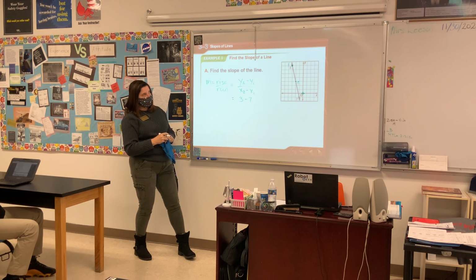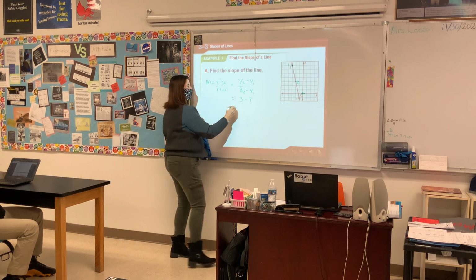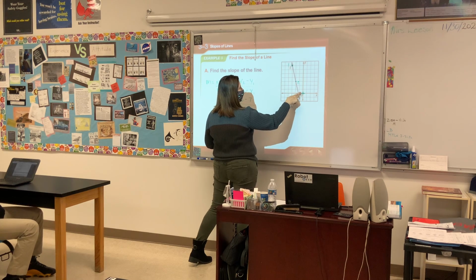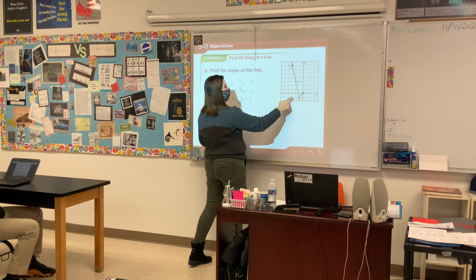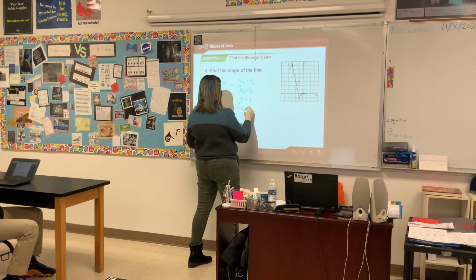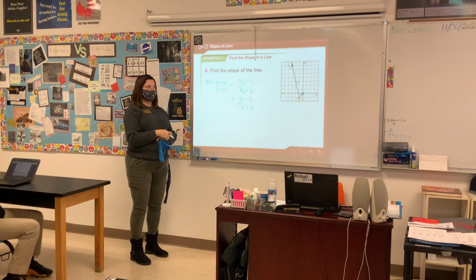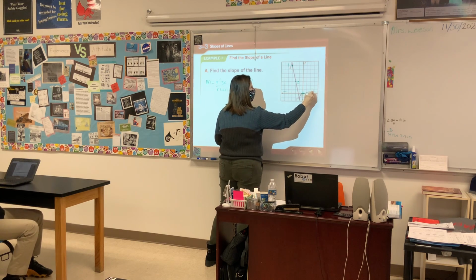I'm having trouble counting. My x2 is negative 2, and my x1 is negative 3. Right? This is negative for x, this is positive for x.